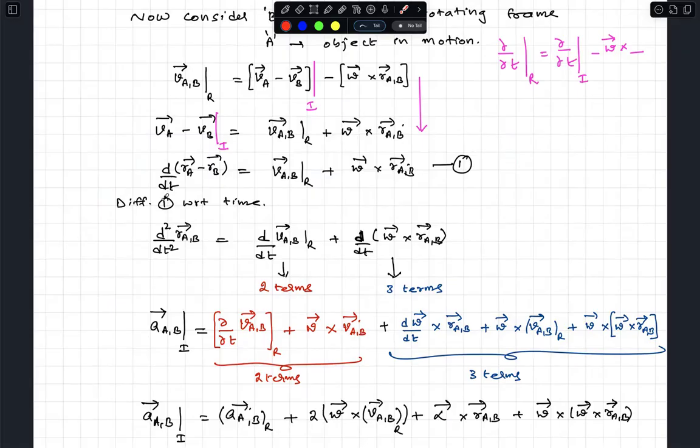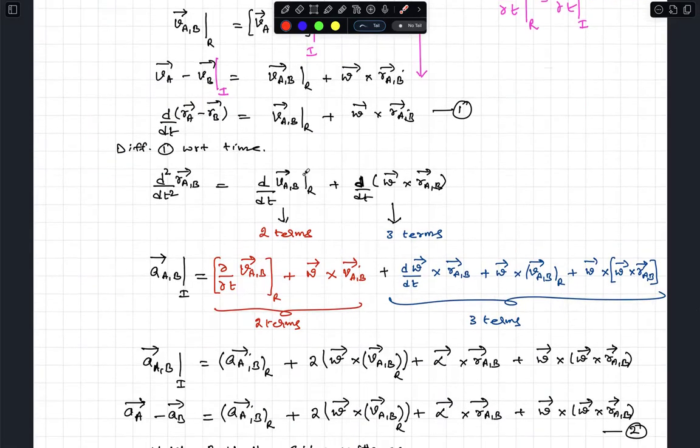Already this is a differentiation term, I am doing this one more time. So this is all inertial term, which is with respect to ground. Now this differentiation part will contain two terms, and this differentiation part will contain three terms.